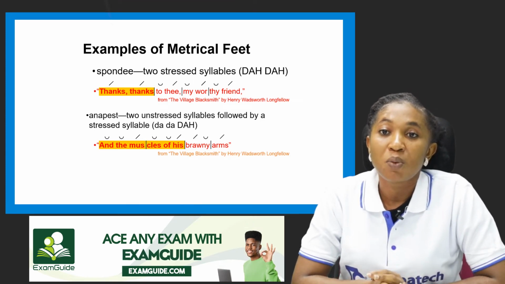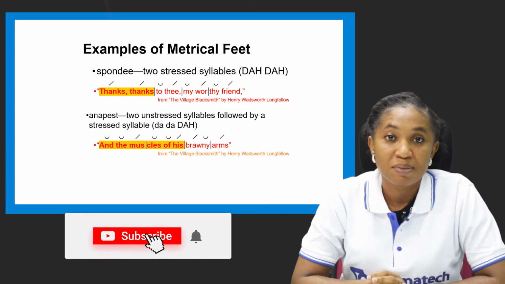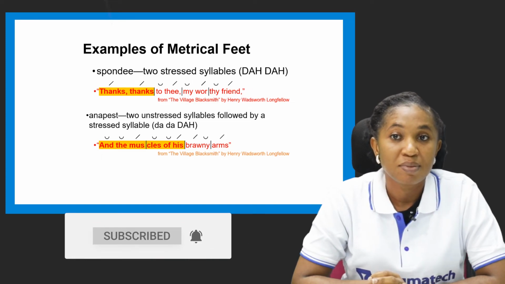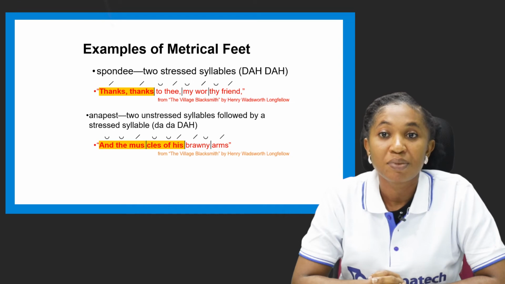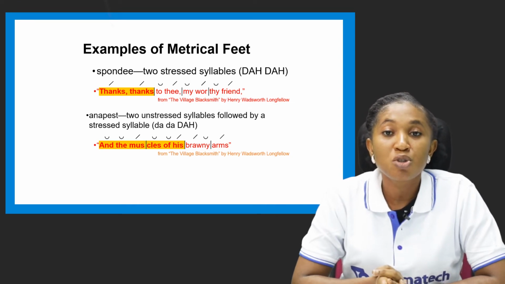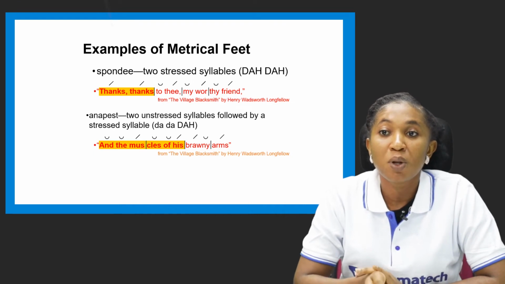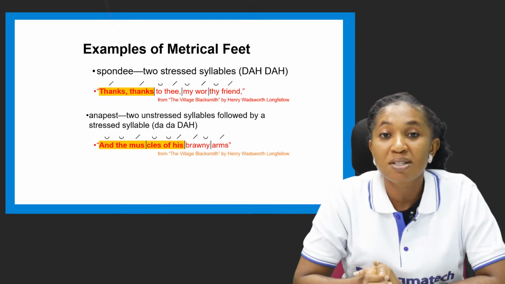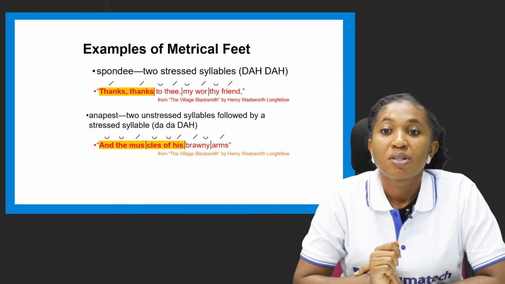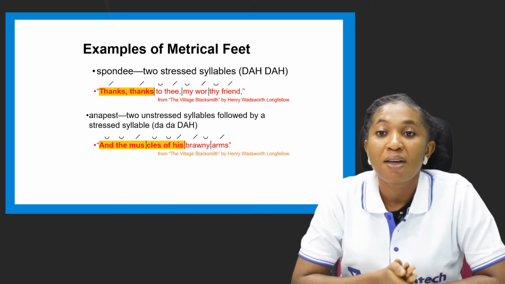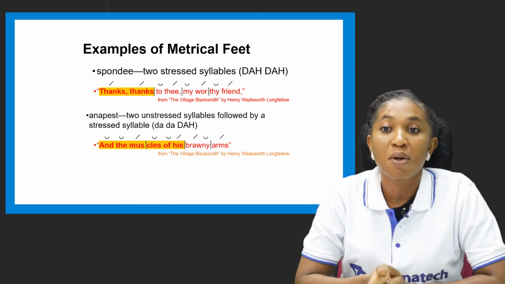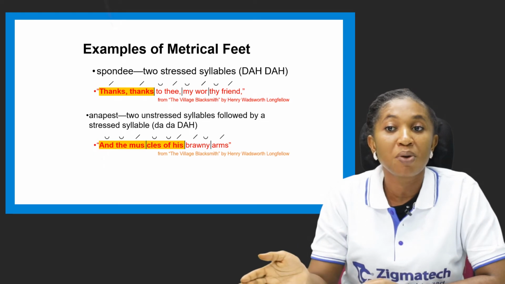Then we also have another one called anapest. What do we mean by anapest? An anapest is simply 2 unstressed syllables followed by a stressed syllable. For example, we have "and the muscles of his brawny arms."